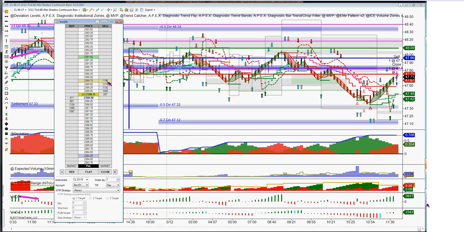Like if you saw 3,000 contracts here, Elijah, just a cool benefit of using the DOM, and notice how all the others are like at 1,000. And let's just say you were looking to buy right here. Your orders have to get all these filled before you get filled.